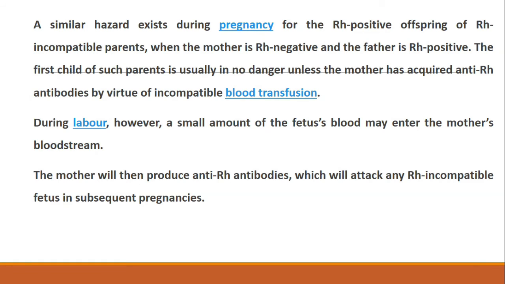Since the mother is Rh negative, she develops anti-D antibodies when they come in contact with the Rh positive D antigen. There is no such danger in the first pregnancy because the baby is already born. But the mother has acquired anti-Rh antibodies.